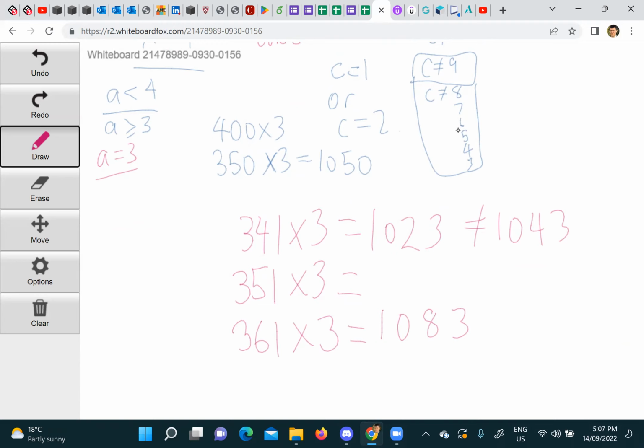So it's 1083, and what does it need to be? 1063. But there's an 8. So the only thing left is 351 to try, okay? So what's 351 times 3?